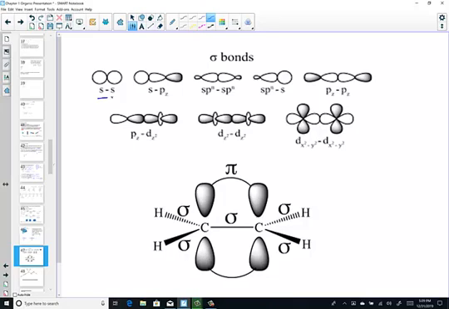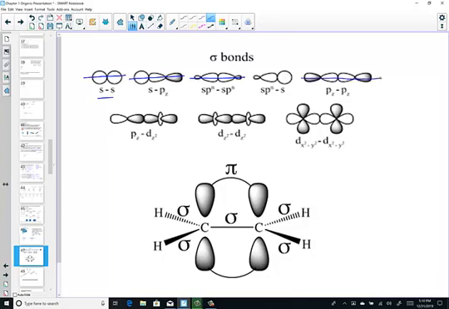As I tried to draw an SS, it's two spherical shapes overlapping with the electron density on the x-axis. Here's an SP. Here would be a PP. Notice that even two P clouds could overlap head to head along the same internuclear axis.